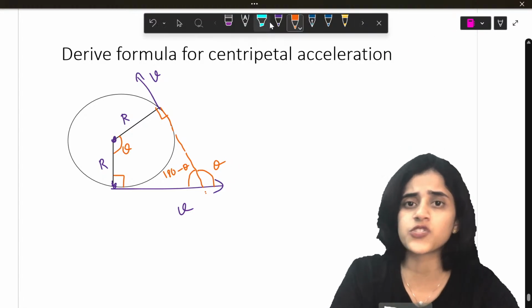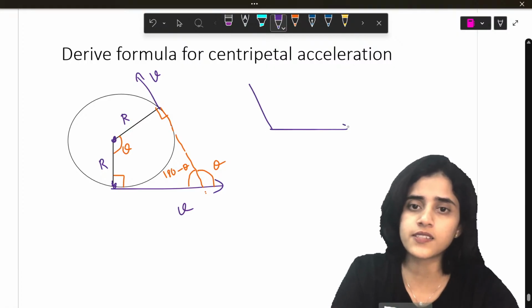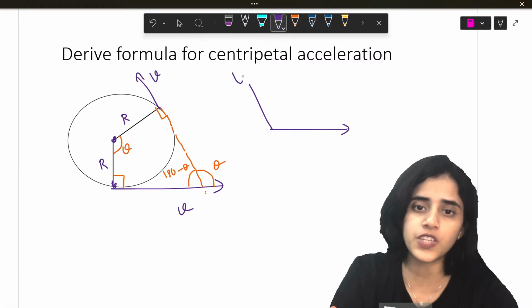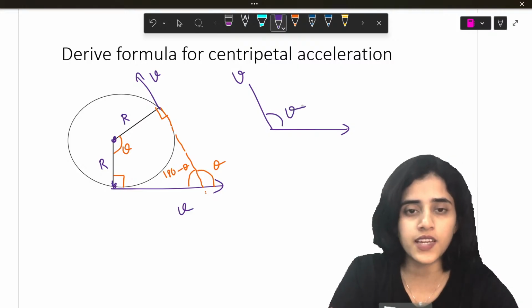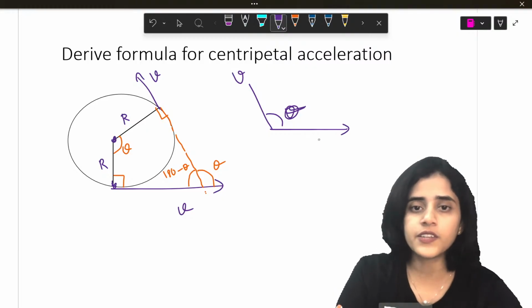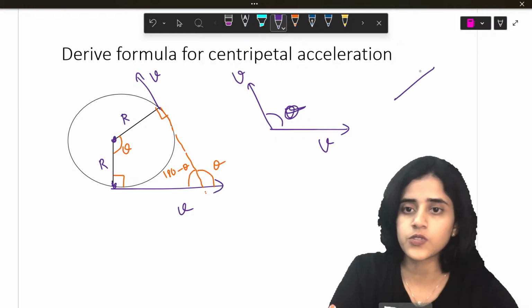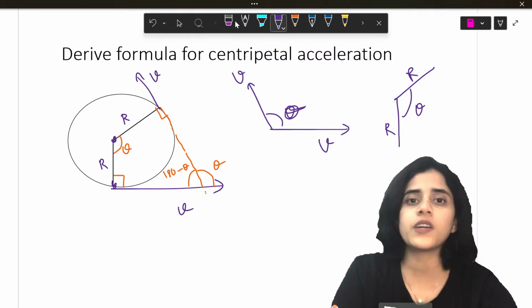Now let's just draw these triangles separately. So this is the triangle representing V, theta, and theta. And V. Now I have one more triangle with my R's. So this is R, this is R, this is theta. So now I have two triangles.